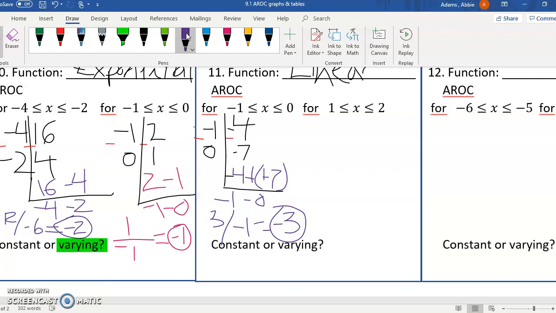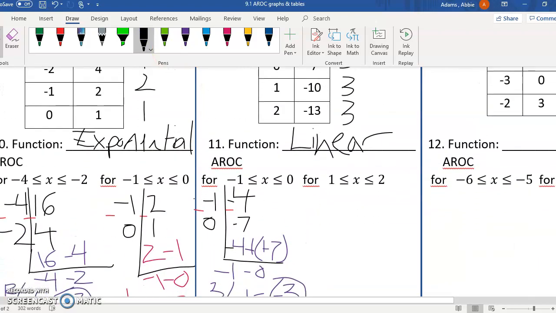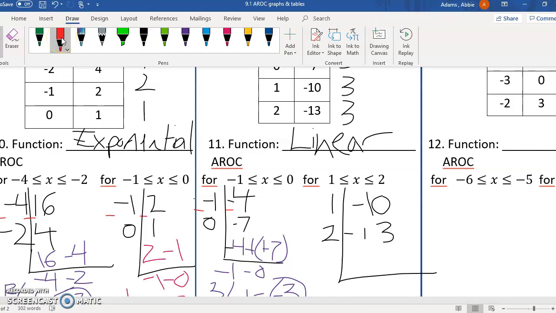All right, let's look at the second average rate of change. So I've got 1 to 2. When x equals 1, y equals negative 10. And when x equals 2, y equals negative 13. All right, so let's do our slide here.